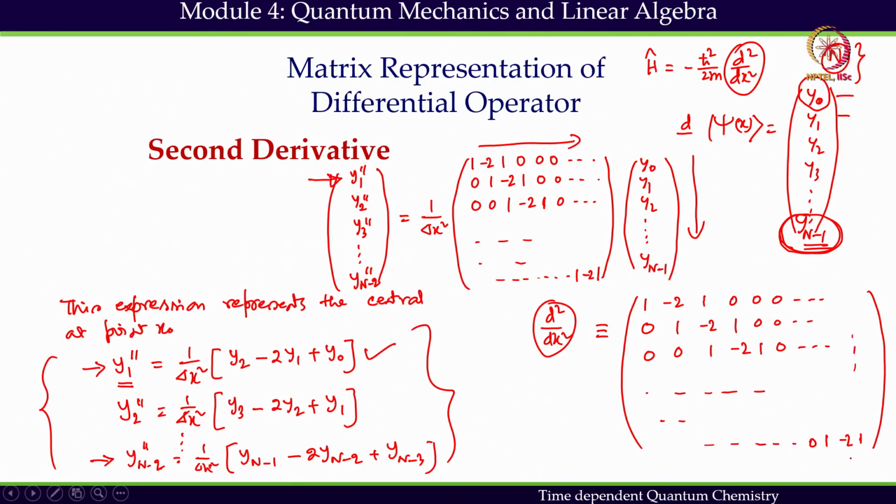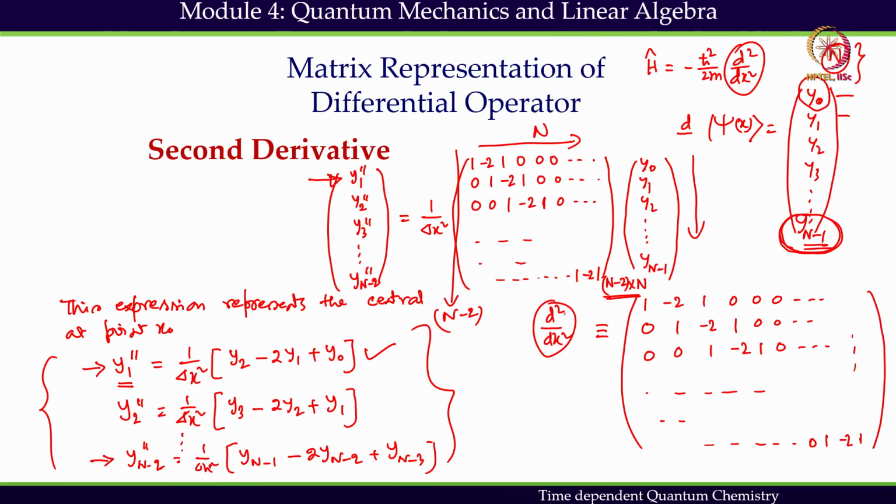So, what we get, the dimension of this matrix is going to be n minus 2 by n. So, I have n minus 2 number of rows and n number of columns in this matrix, and that is the representation.